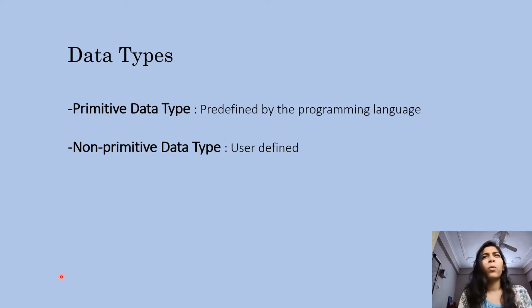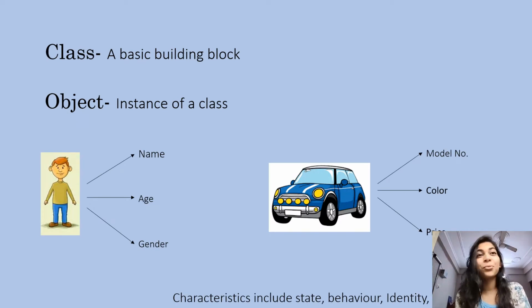Now you must be wondering, what was the use of knowing all about data types at this point? We'll get to it, right? The use of knowing all about data types was because class is a non-primitive data type, right? Which means that it is user defined, while an object is an instance of a class, right?